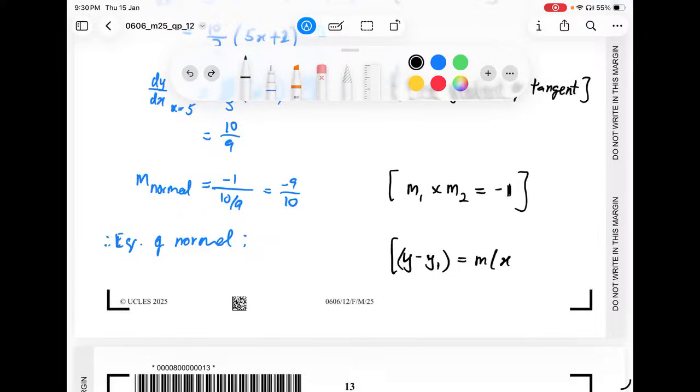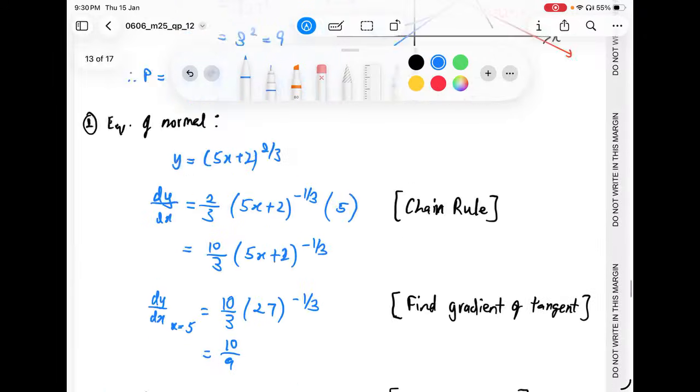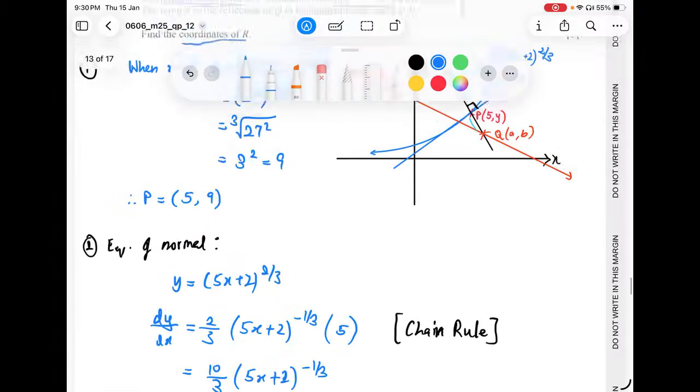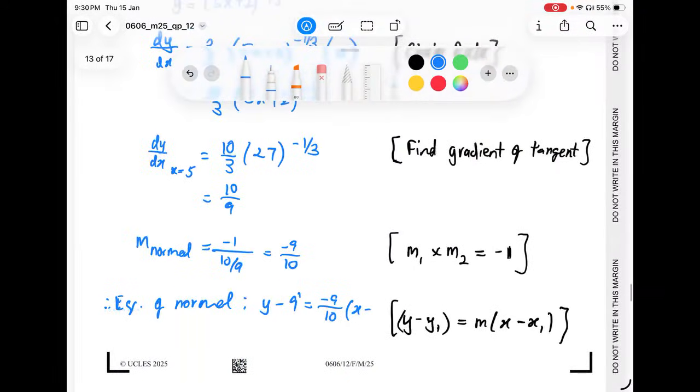So that's your formula for the equation of a straight line. Now I use that, I get y minus y1, which would be 9, equals negative 9 by 10 times x minus 5.